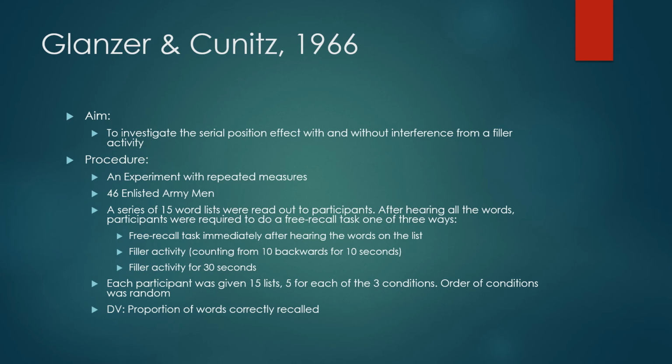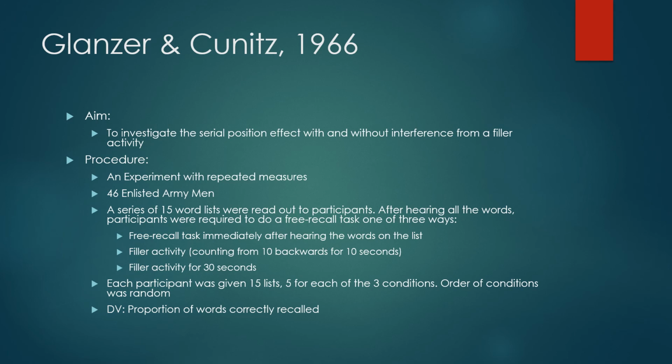So the procedure, they took 46 enlisted Army men. They had a series of 15-word lists that were read out to participants. After hearing all the words, participants were required to do a free recall task one of three ways. Either they did the free recall task immediately, trying to recall all these words, or after hearing the list they had a filler activity that was counting backwards from 10 for 10 seconds, or they had a filler activity for 30 seconds.